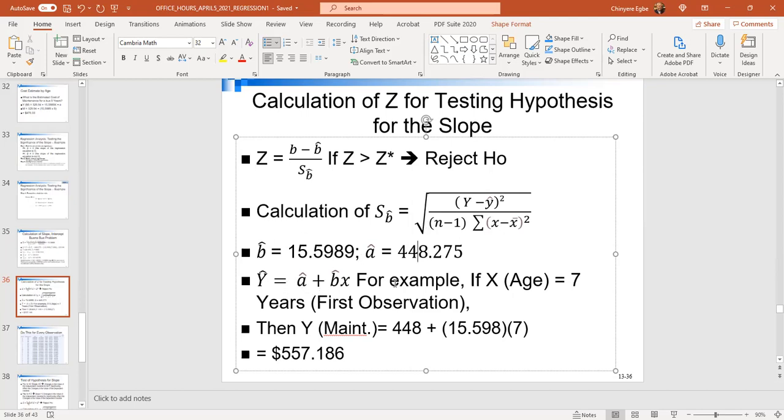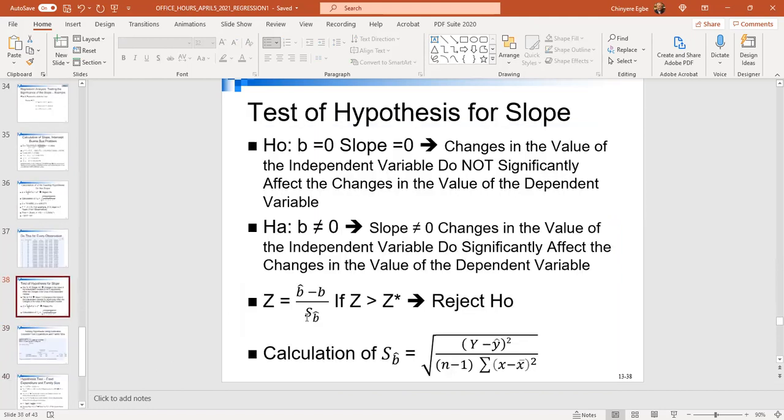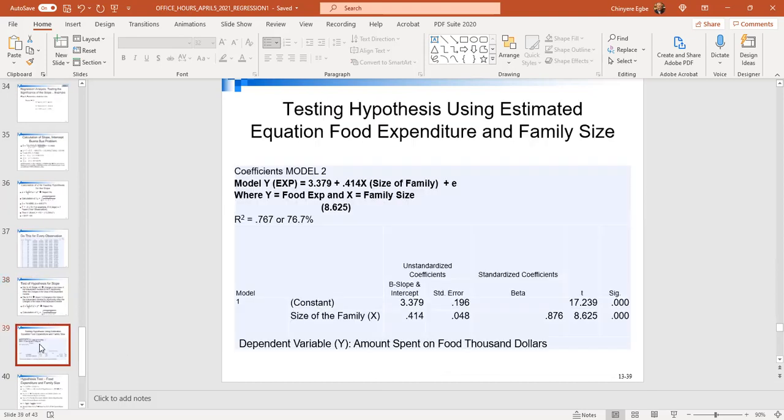For example, again, this is another example of if the age is 7, but let us go to what our problem is now. So this is how we calculate the standard error of B. And so we're going to use that formula.